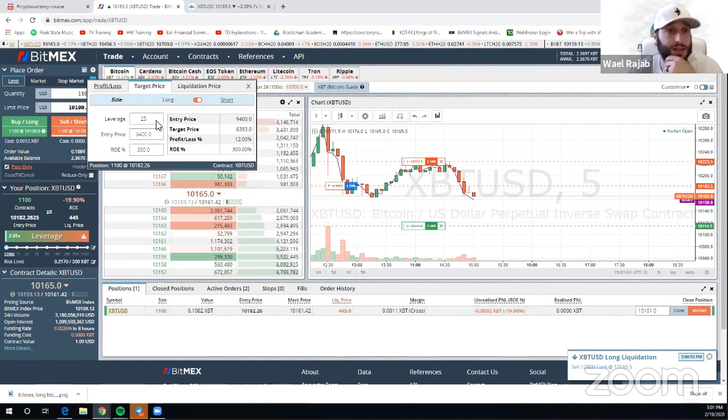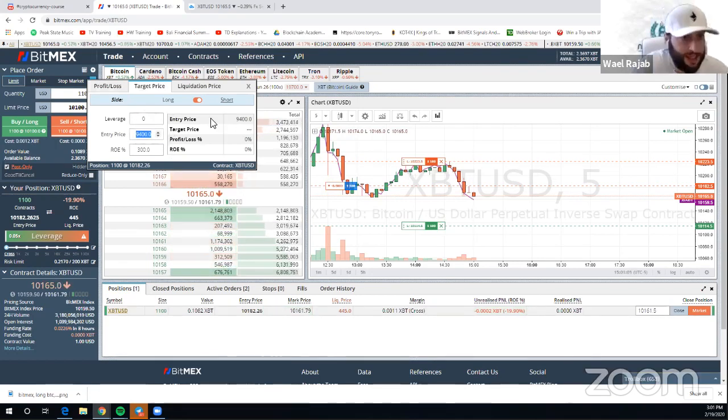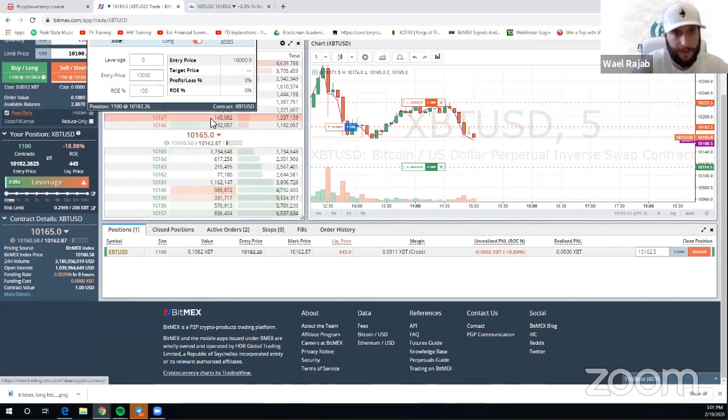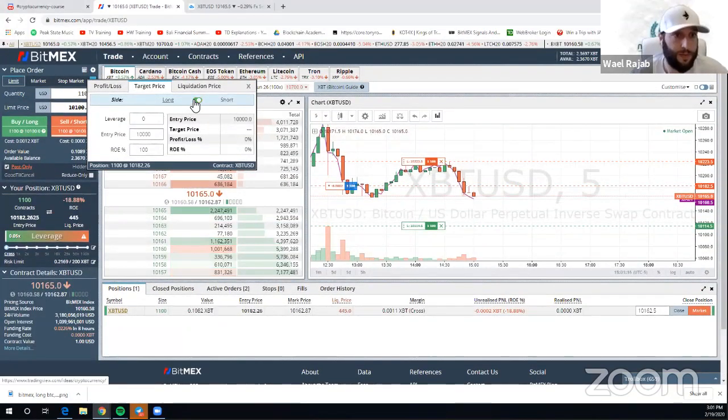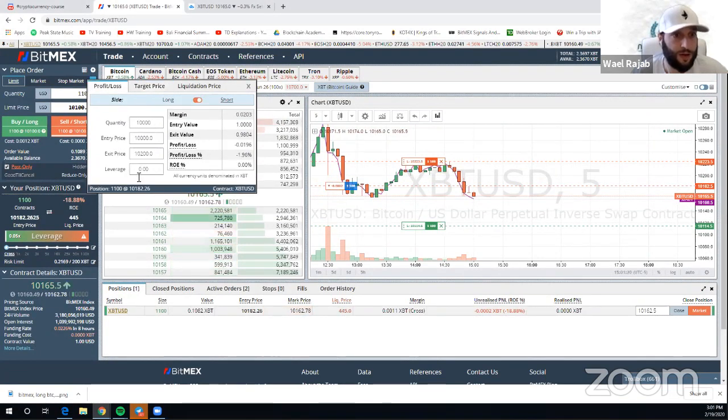And target price. So your leverage is 0. Our entry price is, let's say 10,000, and we want 100% ROE. There we go. Not sure why our target price isn't in there.